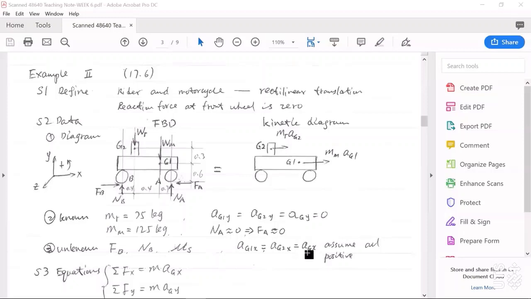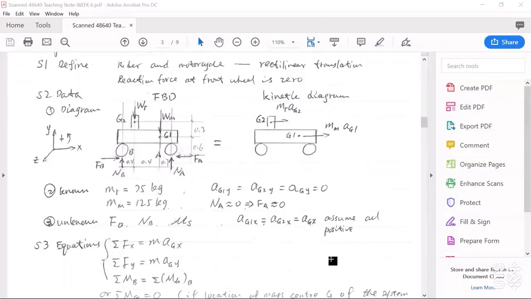But for the location of point G, we don't know. Okay, we assume all these unknown parameters are positive. I normally assume all unknown parameters are positive in my solution. And this can give me some convenience.